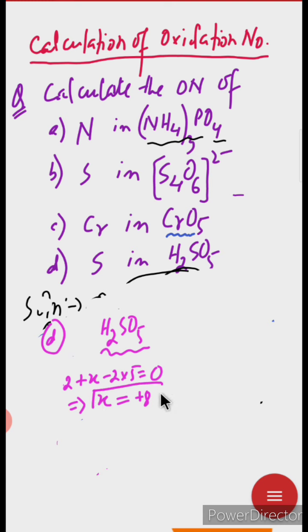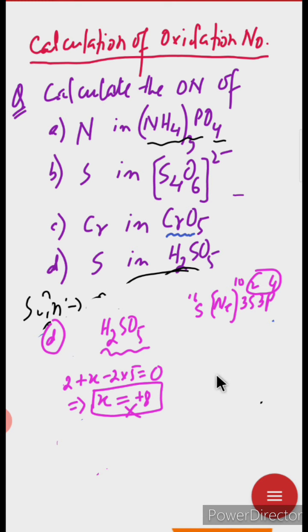So sulfur has an oxidation state of +8. This cannot be true, again, because sulfur is 16. So this is neon 10, and then comes 3s2 and 3p4. So how many valence electrons are there? 6. So only 6 electrons can be given out by sulfur, not 8. So this is wrong.